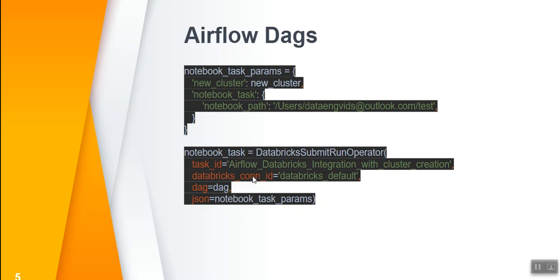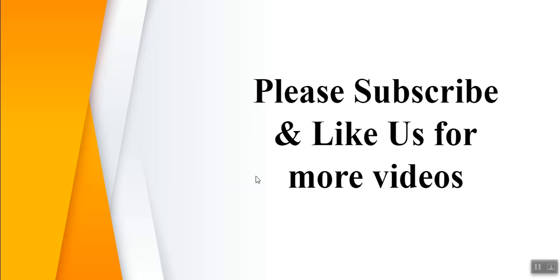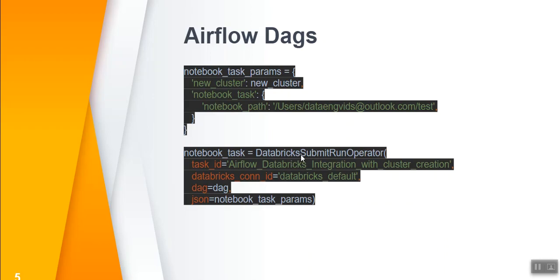The final one is the task, which means you need to use the Databricks submit run operator. Only through this operator are you able to invoke the job in Databricks. These are the mandatory parameters for this operator. The standard one is the task ID, the second is the Databricks connection ID.